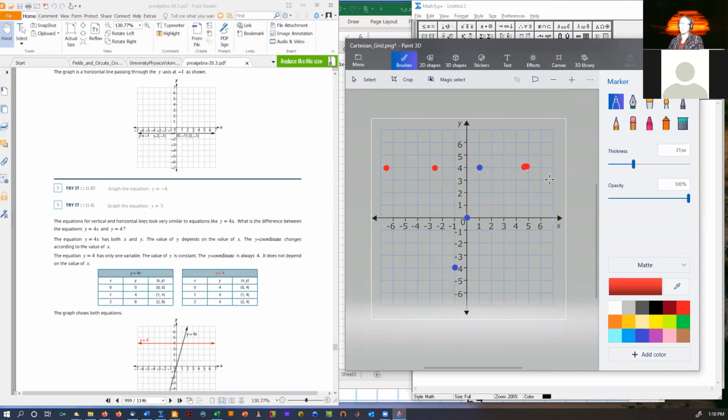We call that the intersection point, and that will have relevance if you go on to take the algebra sequence, where we'll use this as a method for solving algebraic equations.